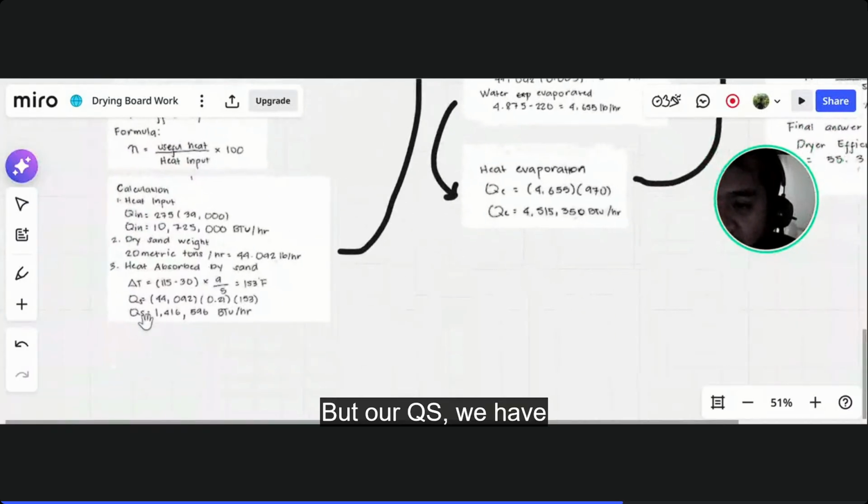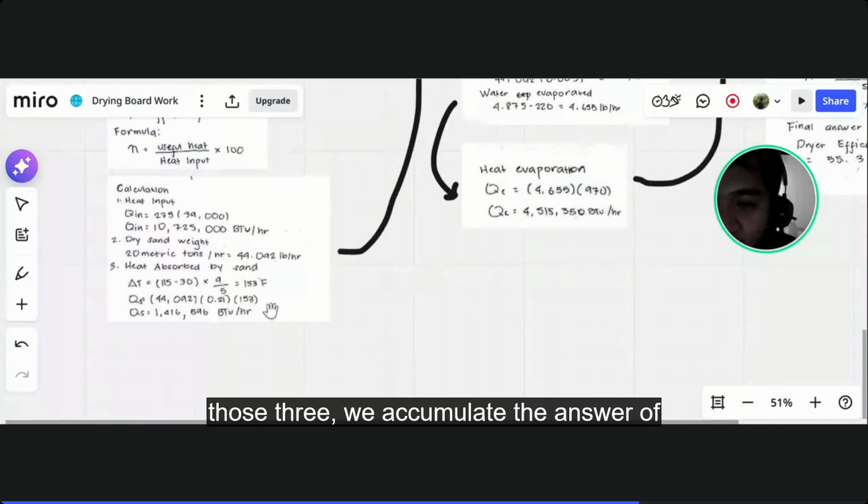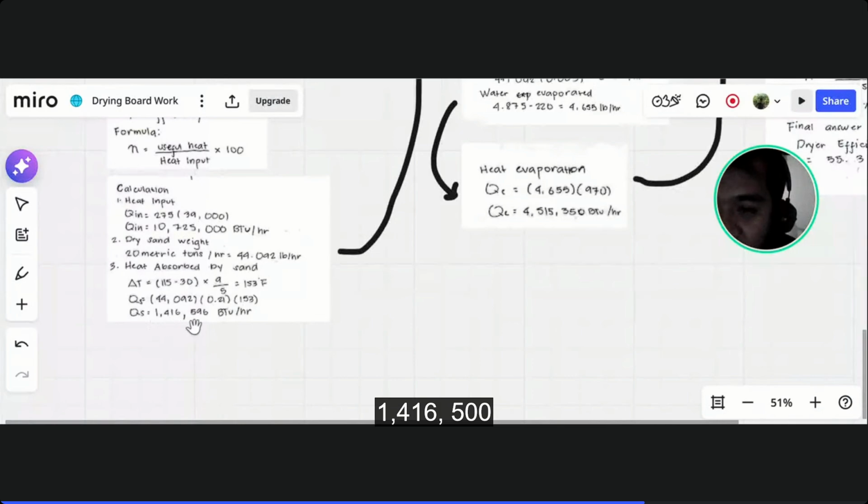For the Qs, we have 44,092 times 0.21 times 153. Multiplying those three, we get an answer of 1,416,596 BTU.